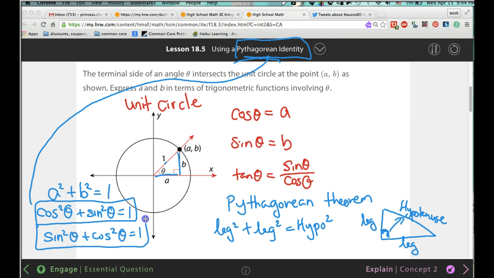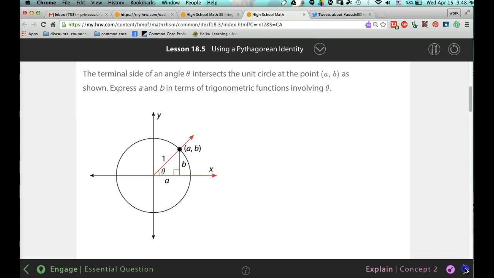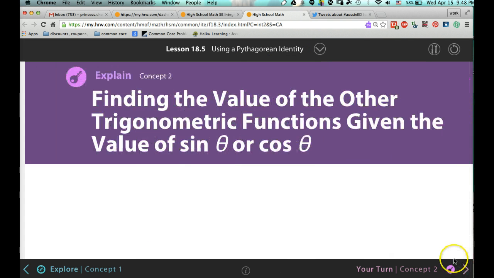So whenever you look anything up online, say using the word Pythagorean identity, you will see sine squared plus cosine squared theta equals 1, not the other one. Okay? And now, I told you gotta really remember this one because that's kind of important. And then from there, we moved on, right?